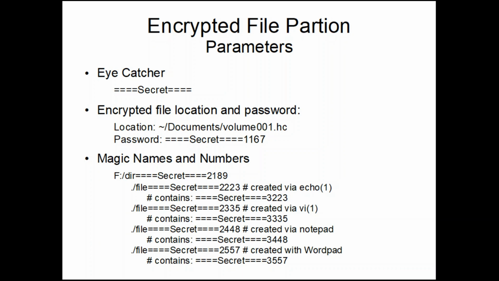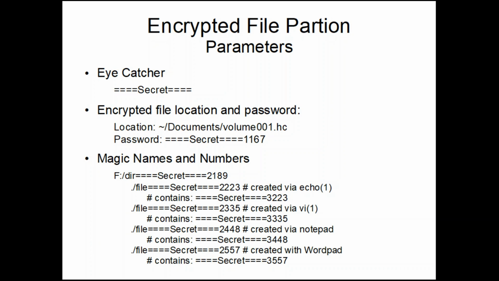This partition is going to contain a number of secrets, and for later in the demonstration, I want to find any places where the secrets have leaked. To do that, I'm going to use an eye catcher, just a fixed string of 4 equal signs, the word Secret with a capital S, and 4 trailing equal signs. This will be used in various places as we create the information here.